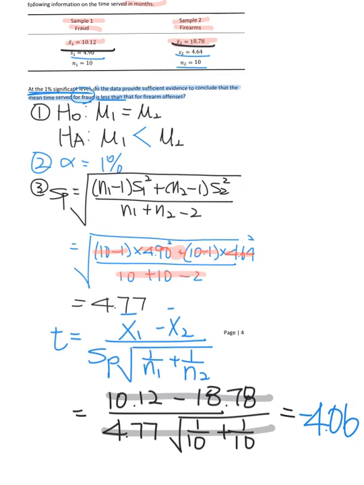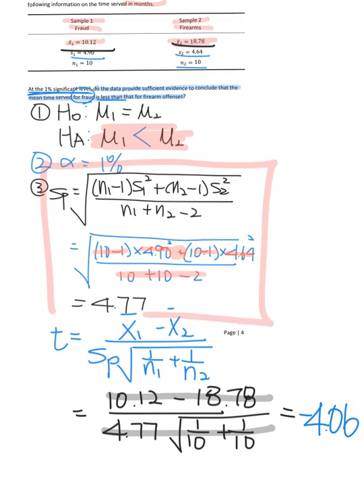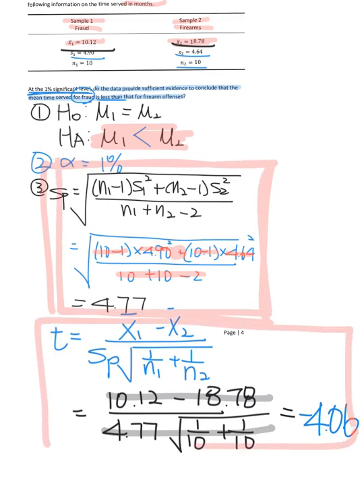Why? Because we had a left tail. Most of the time, left tail means negative test statistic. So finally, the test statistic is negative 4.06.